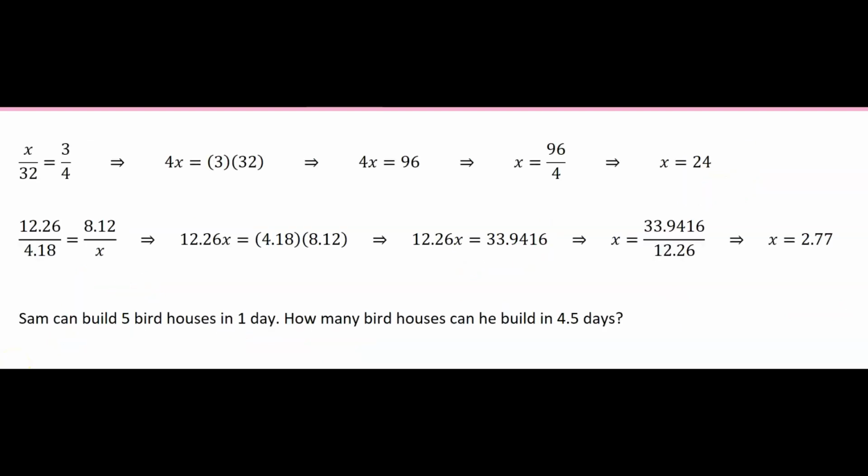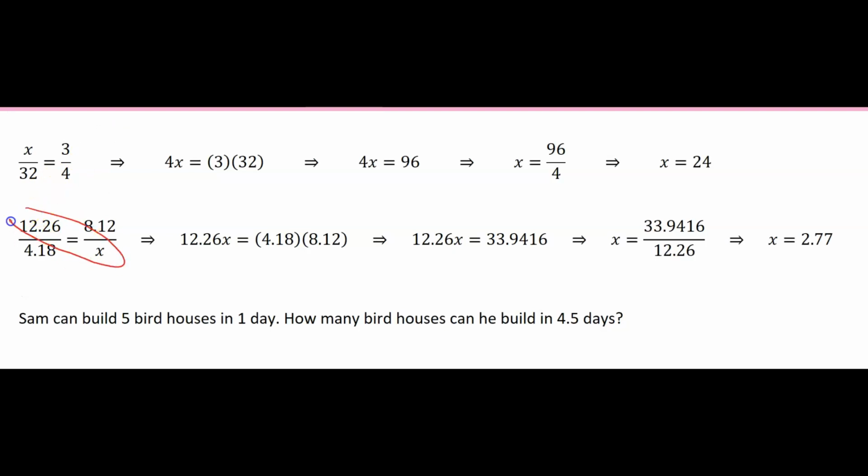The same thing can be done even if the terms of the fraction are not integers. So these values, 12.26 over 4.18 is equal to 8.12 over what number? So now my unknown is in the denominator on the right-hand side. Again, if we use the same pattern, we set cross products equal to each other, and I begin with the cross product that involves the variable.